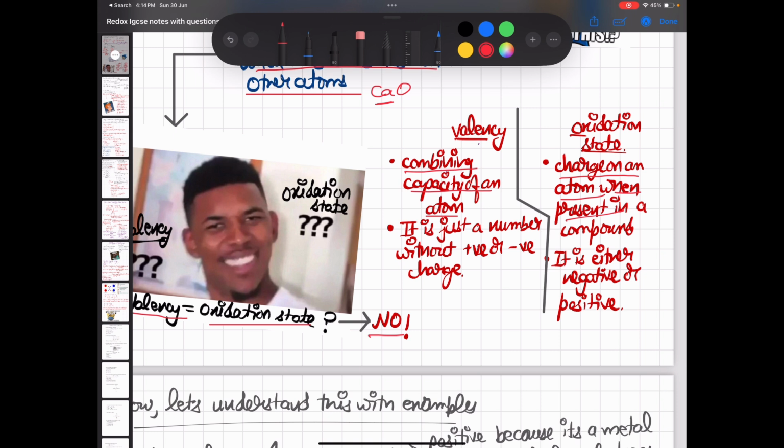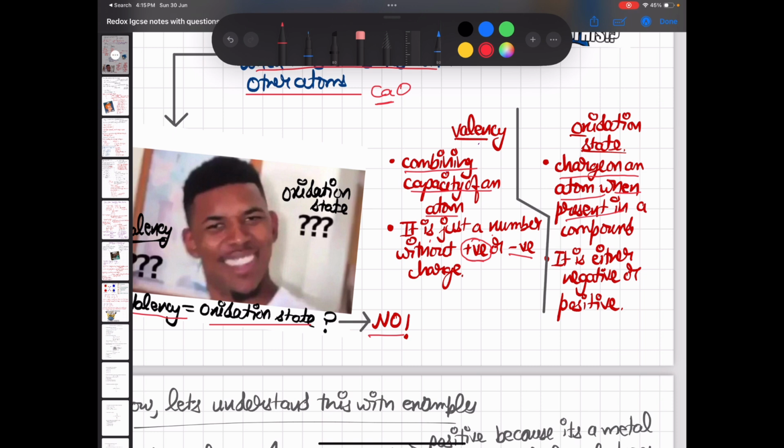Now, what is the difference between valency and oxidation state? The main difference is valency is just a number, it is not negative or positive. This I have written positive and this is negative. So valency is never positive or negative. Valency doesn't have a charge, it's just a number: 1, 2, 3, 4, 5, 6, 7, 8, whatever it is.